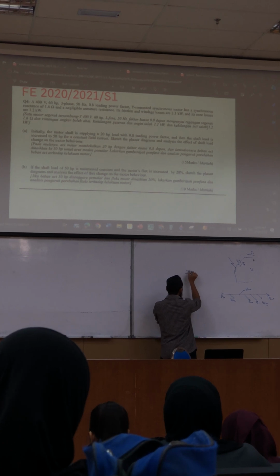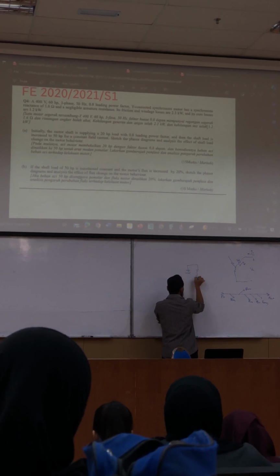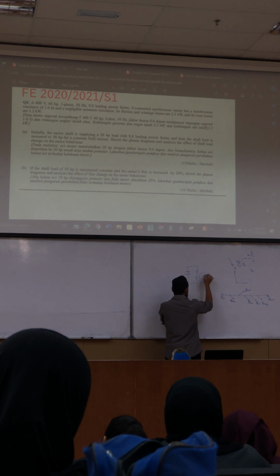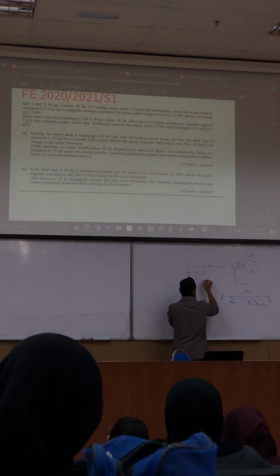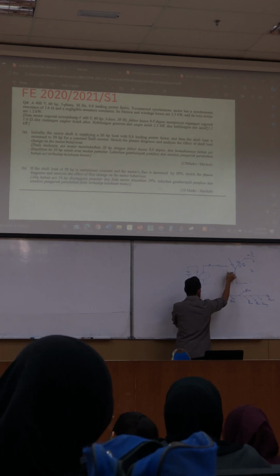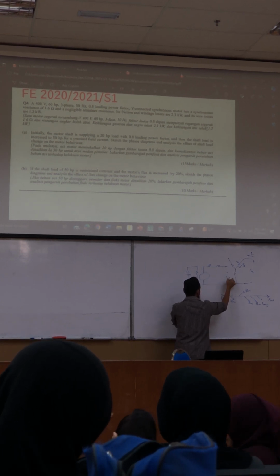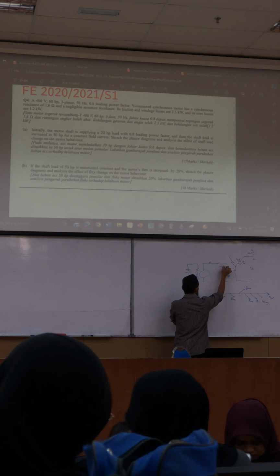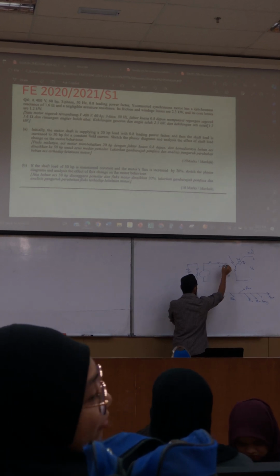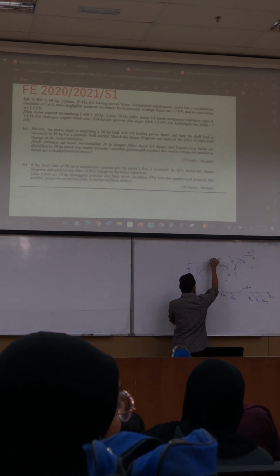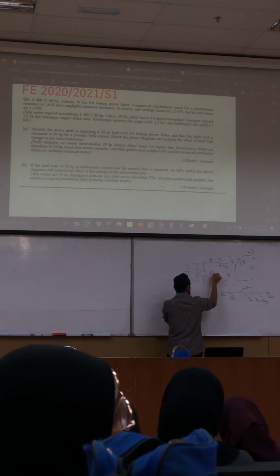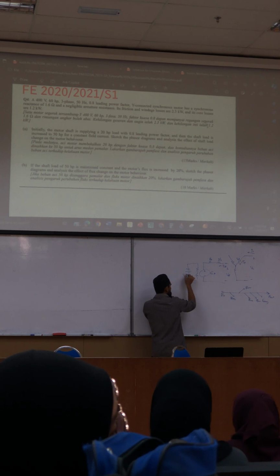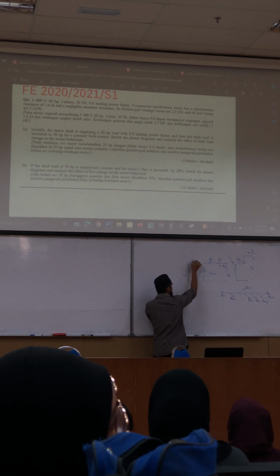So sketch your single phase equivalent circuit: R_A, jX_S. This is a motor, so the incoming is your source, V phase. This is your I armature or I phase. Your jX_S, this is your R_A, E_A. This is your V_F, I_F.